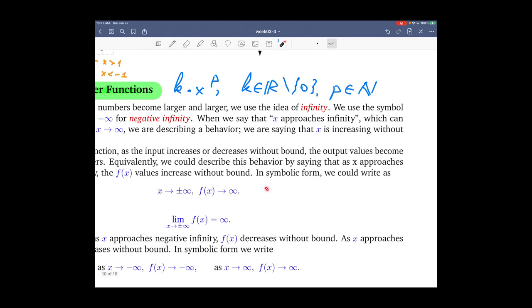And likewise, we will write that x approaches negative infinity if x is allowed to take arbitrarily large negative values. Now, there's a tiny bit of confusion here because occasionally people also write x approaches infinity without sign to mean that x is allowed to take either arbitrarily large positive values or arbitrarily large negative values.